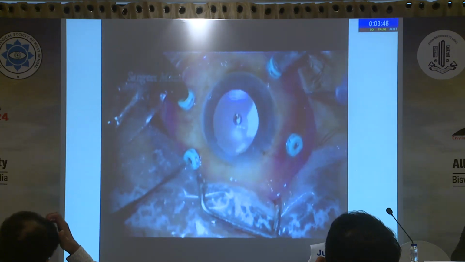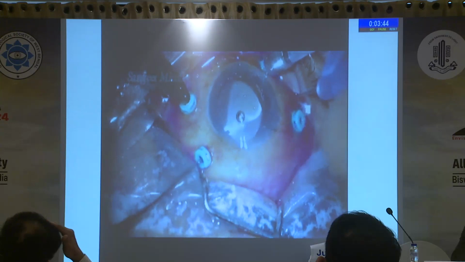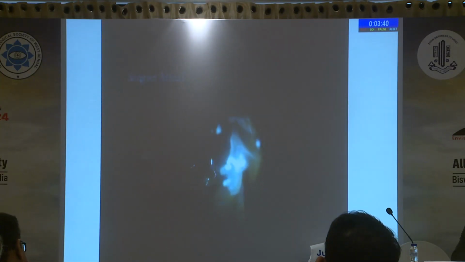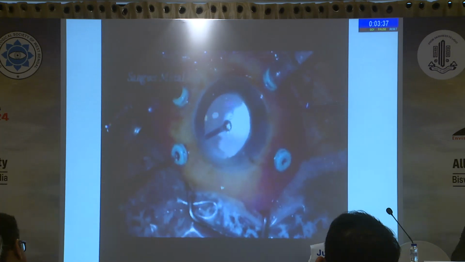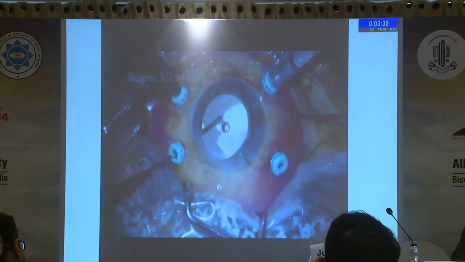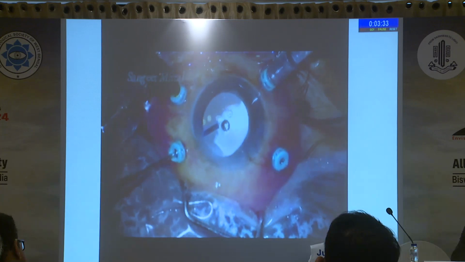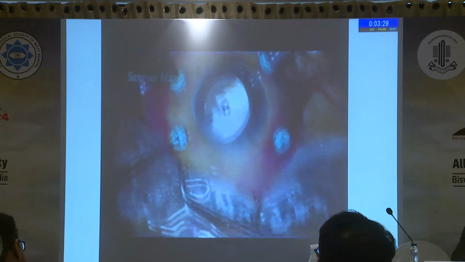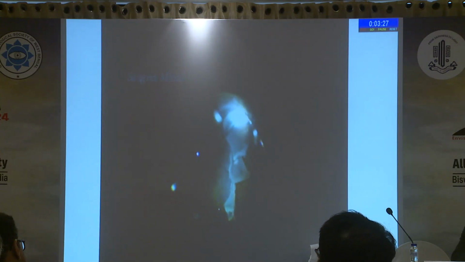A 26-gauge intravenous catheter was inserted in the suprachoroidal space to remove the residual hemorrhage. After confirming the tip to be in the right plane, the metallic stylet was removed, leaving the plastic cannula behind, and blood was drained out. Retinectomy was done to release all traction on the retina.